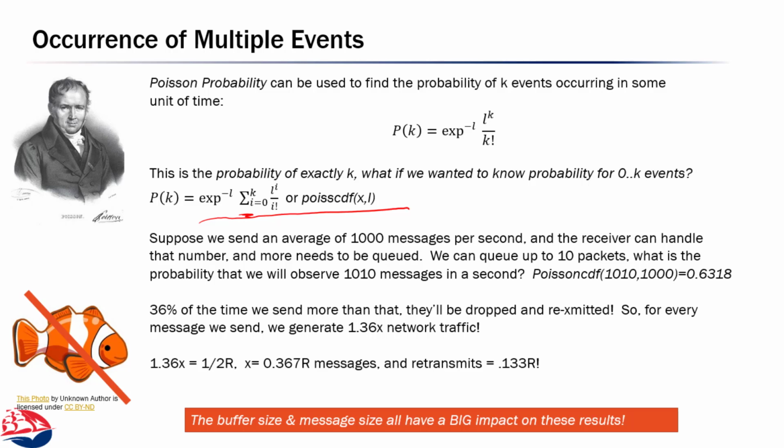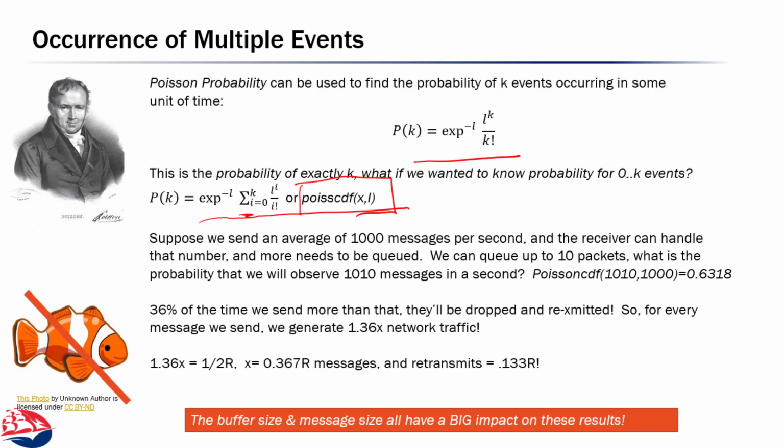We could do it that way, or we could use the MATLAB built-in function, poisscdf. If you've had stats and probability, hopefully you've seen the term CDF, a cumulative distribution function, and this is a probability density function. We're going to accumulate those, and that's all we're saying. So just take that as truth, and we'll move on.